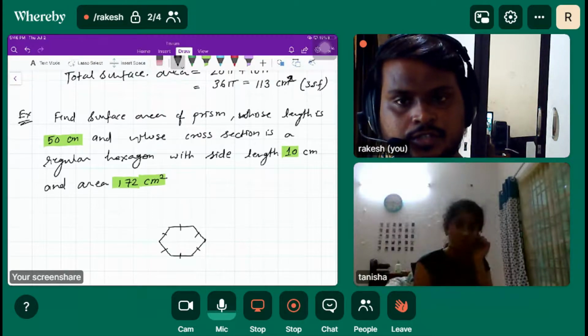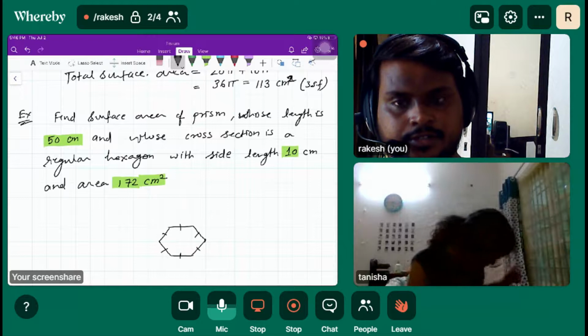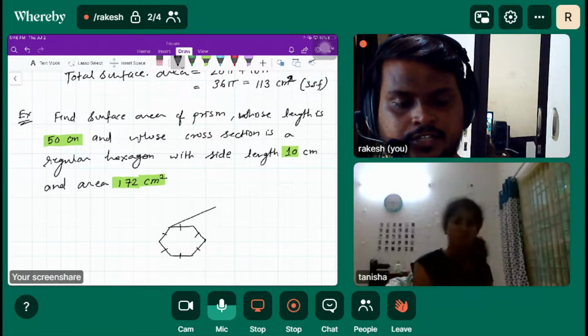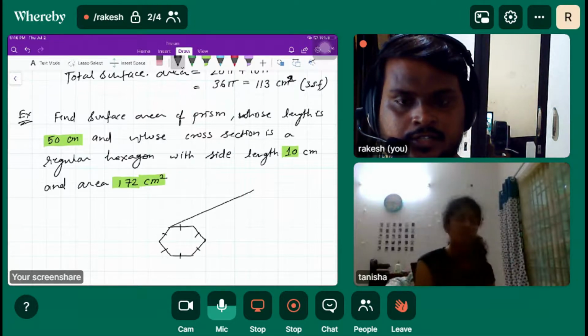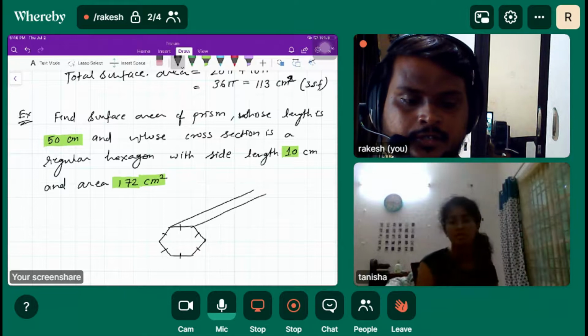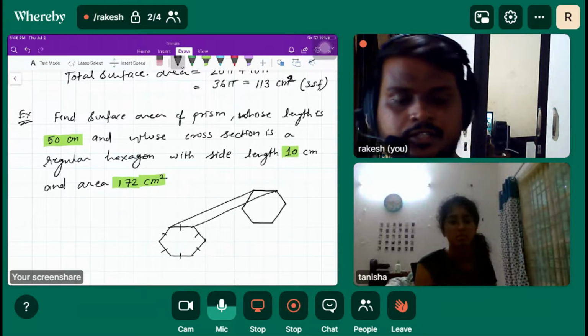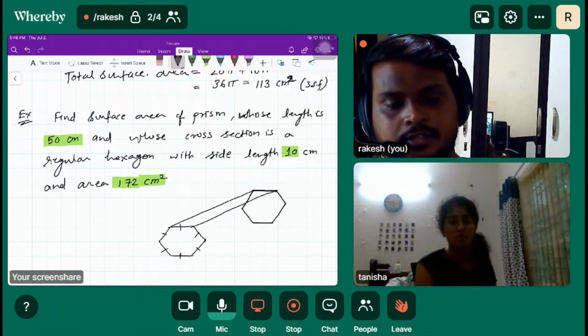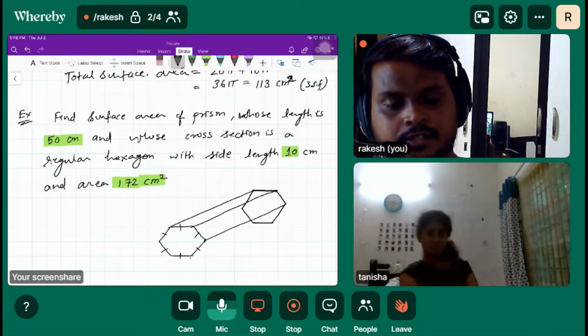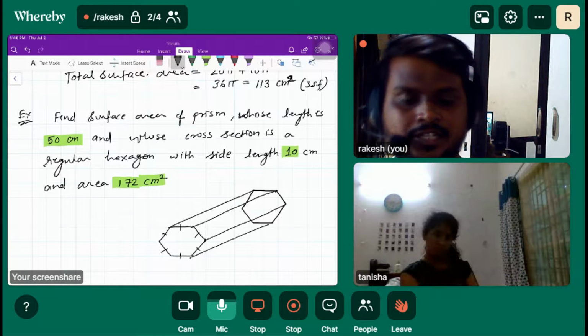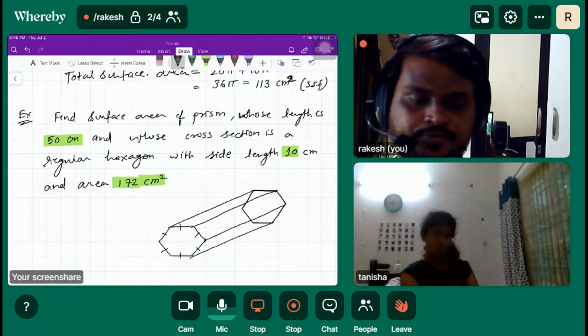So, I can draw it like this. Correspondingly we can draw one more hexagon like this, and we can connect each corner of these. It gives the sense of a 3D object, right?